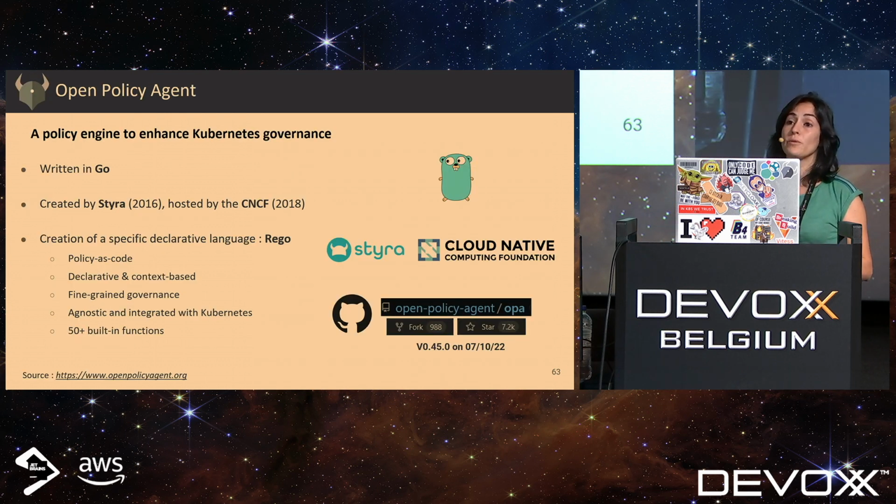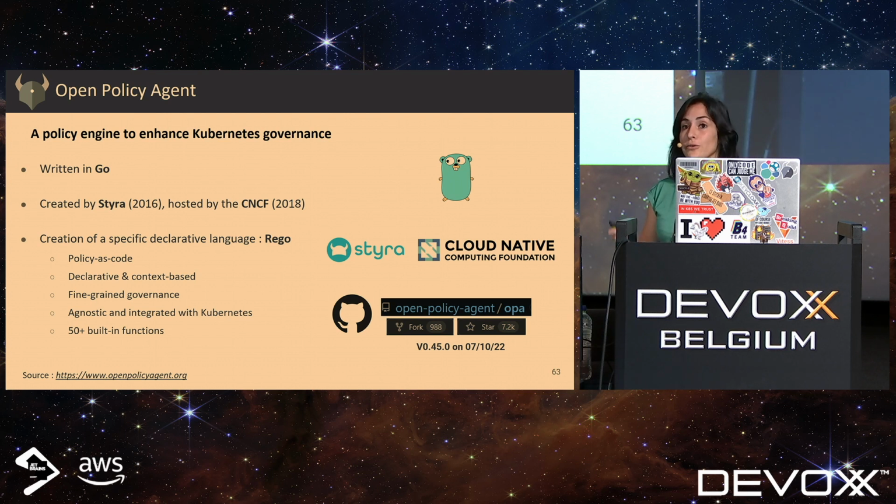Open Policy Agent is in fact a policy engine. It allows you to apply fine-grained governance on your Kubernetes cluster. It was created a few years ago by Styra, and it has been hosted by the CNCF since 2018, so that's quite old.